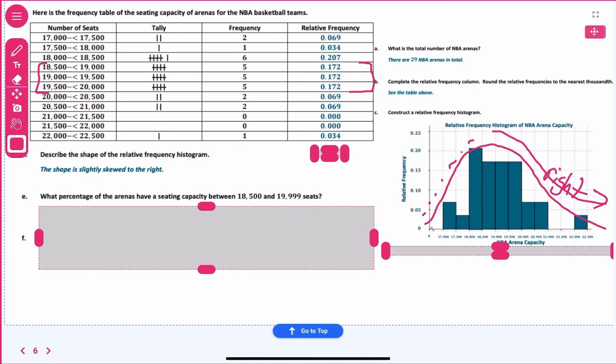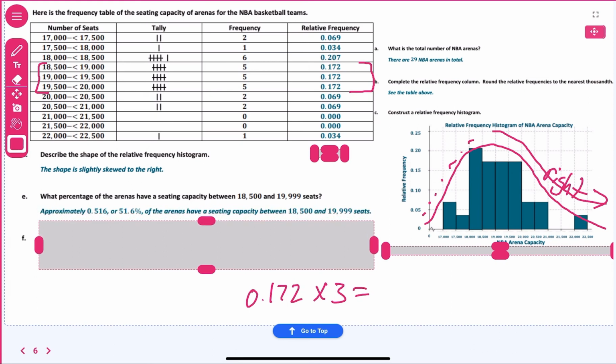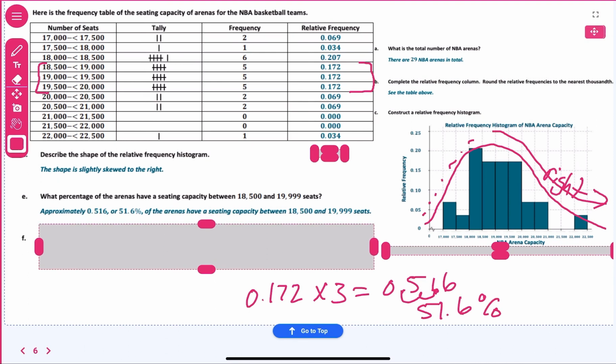So we could say 0.172 times 3, and that's going to give us approximately 0.516. Or, we move our decimal place 2, we have 51.6%. Notice that's 51.6% of arenas with capacity between 18,500 and 19,999 seats. That's how you would explain that.